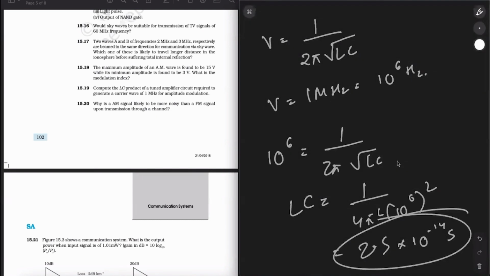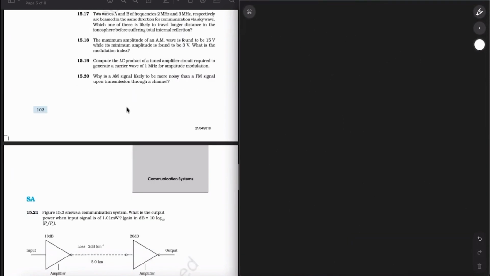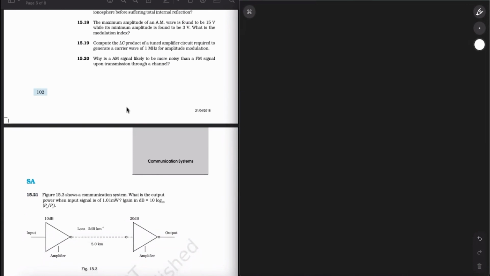Now, next up is question number 20. Why is an AM signal likely to be more noisy than an FM signal upon transmission through a channel? An AM signal is likely to be more noisy than the FM signal because in the amplitude modulated case, the instantaneous voltage of the carrier wave is changed by the modulating wave voltage.